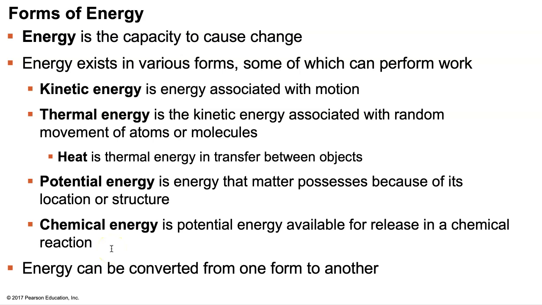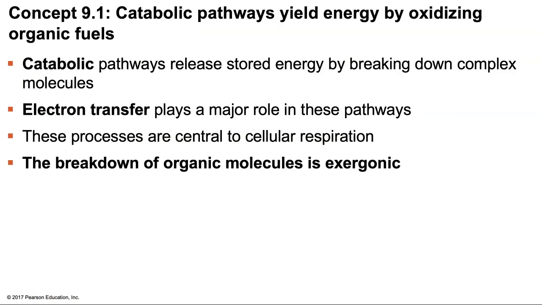Chemicals meaning molecules. So an example of potential energy is the energy that's stored in the bonds of molecules. So of course, if we break them apart, we're going to be able to start harnessing that energy. That's catabolic pathways. That's catabolism. Particularly, we are going to be talking about breaking down glucose molecules to harness energy. So that's why we're talking about catabolic pathways here.